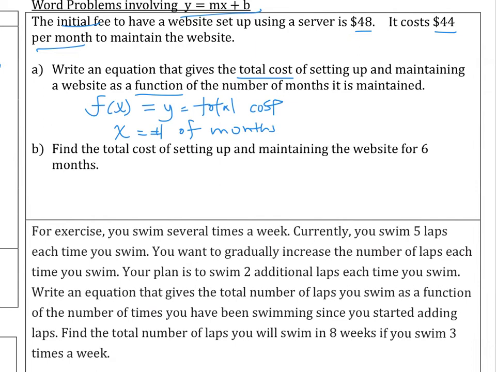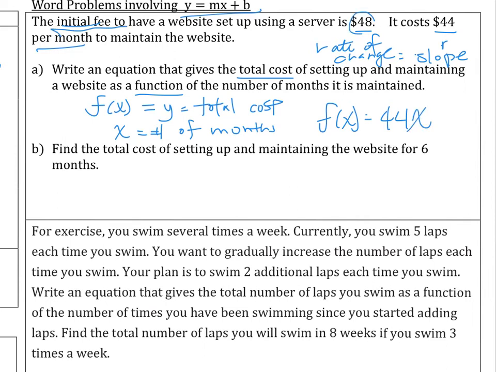So, since the rate is $44 per month, this will be my slope, or rate of change. Okay, this is also rate of change. So 44x. And the initial fee is $48. It doesn't change. It will be my y-intercept.